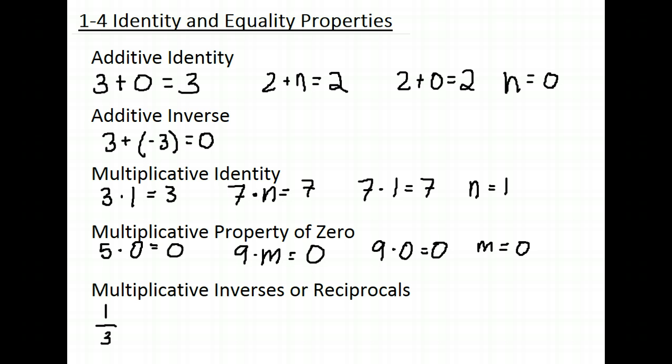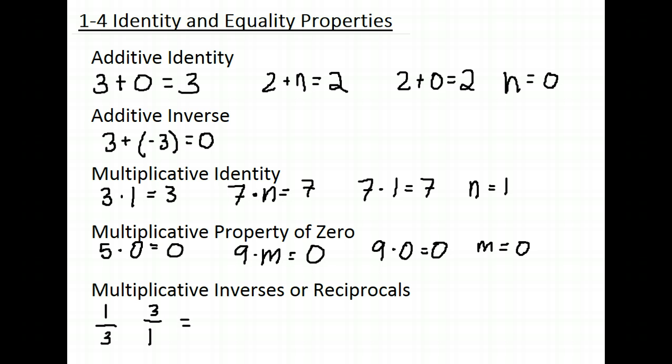A reciprocal means we flip our fraction. So if we have 1 over 3 as our fraction, the reciprocal would be 3 over 1. You take the numerator and you make it the denominator, and you take the denominator and you make it the numerator. So you switch positions. So if we are going to find this to equal 1, we multiply this.